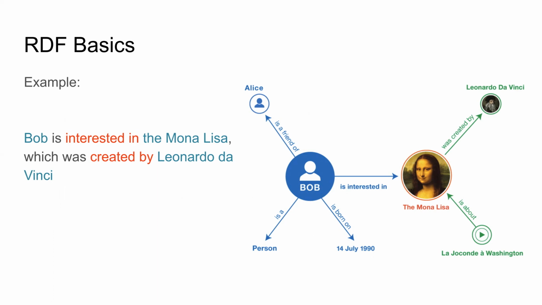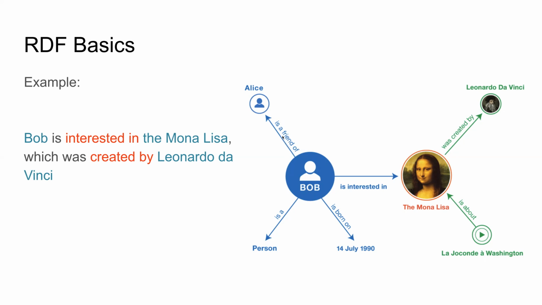We could think that Bob is a resource existing on the web, so he would be identified by his own URI. We don't use URIs in this picture, to simplify the concept a bit. But you need to imagine that Bob has his own URI on the web, and then we know a certain number of properties and values about Bob.